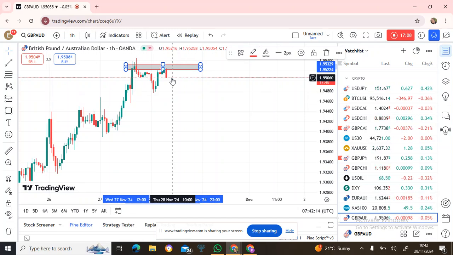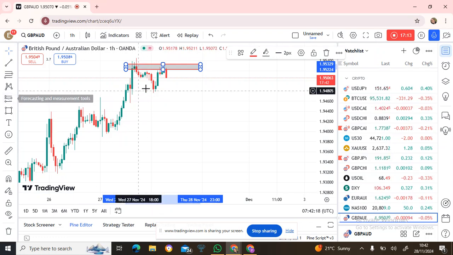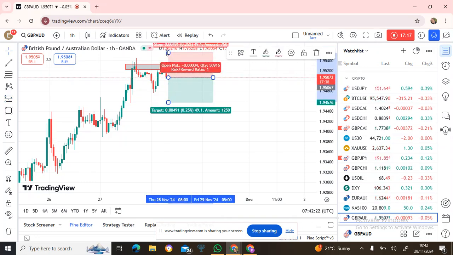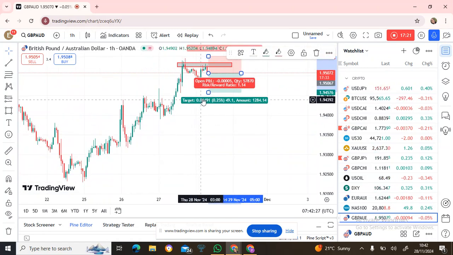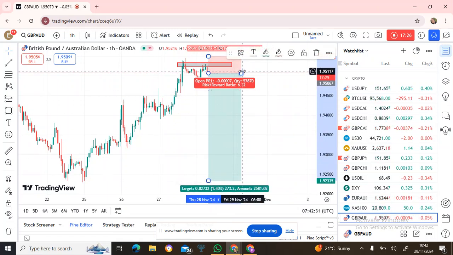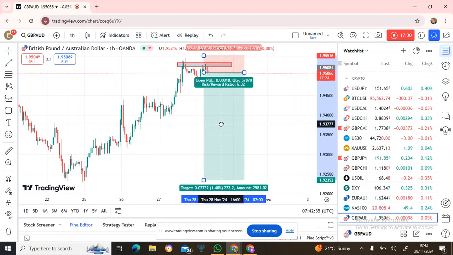So let's wait for the closure of this candle, then you can take our shorts all the way. We have our stops slightly above there. We have about 273 pips to catch with a 1 to 6 risk to reward.